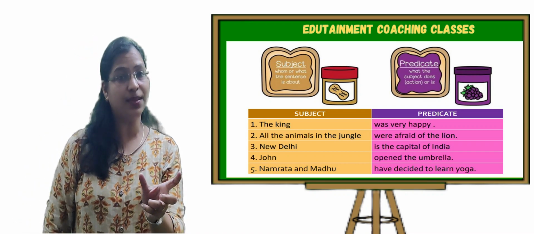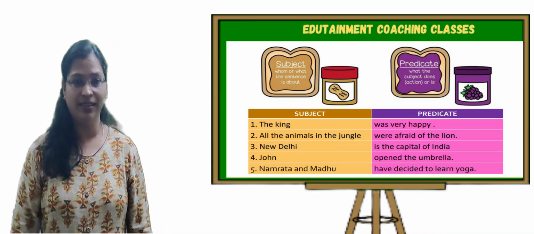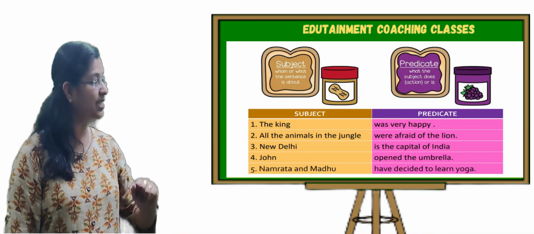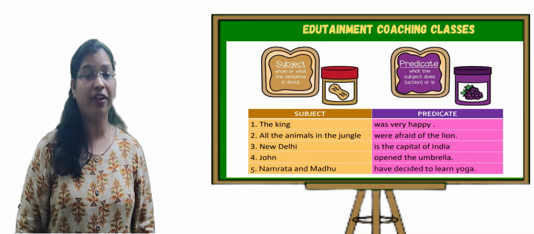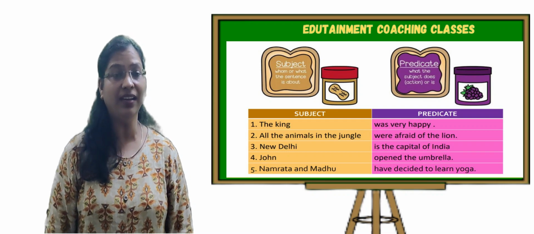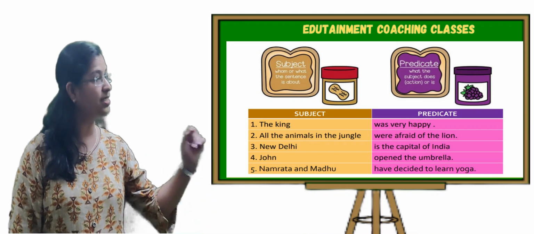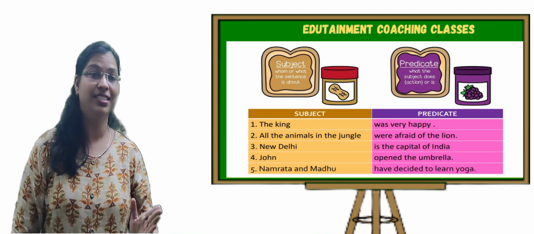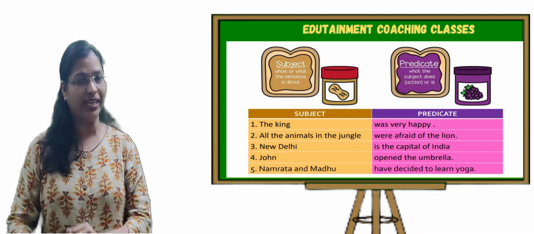So the king is the subject and was very happy is the predicate. Let's have a look at the second example here. All the animals in the jungle were afraid of the lion. So who were afraid of the lion? All the animals in the jungle. So all the animals in the jungle is the subject. Were afraid of the lion is the predicate.